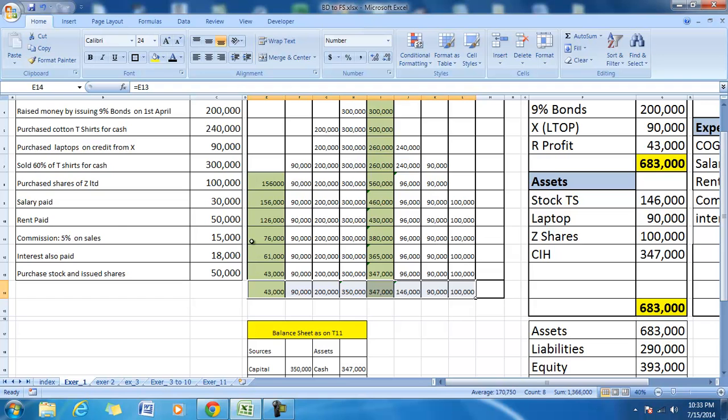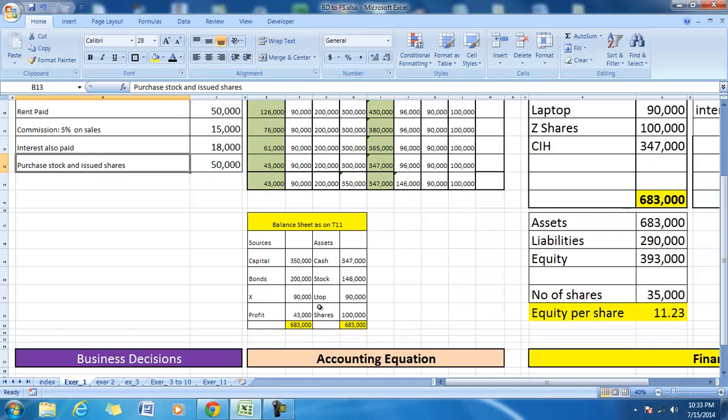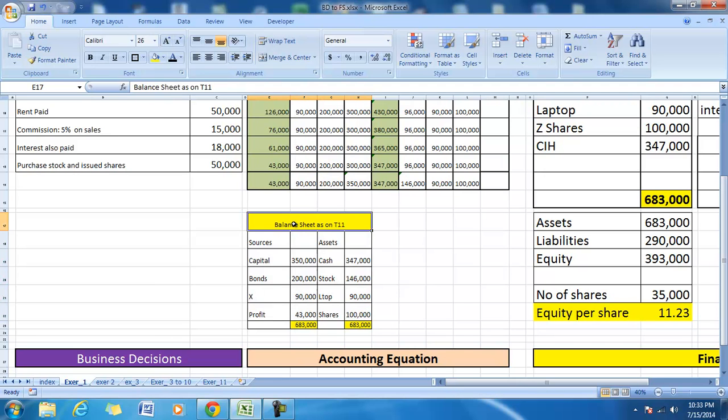For example, in this case, after the last transaction, we can show this equation in the form of a statement called balance sheet.